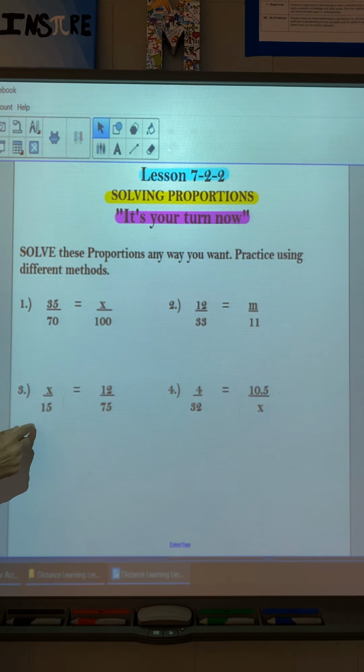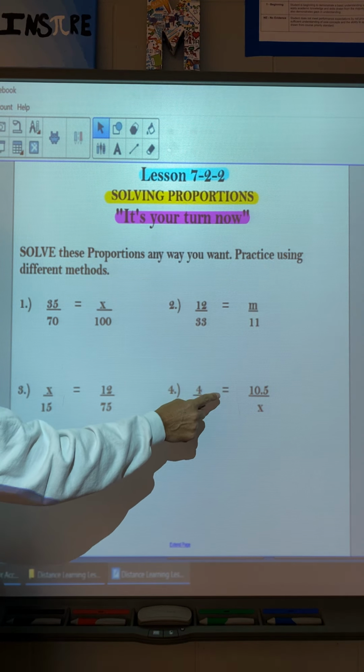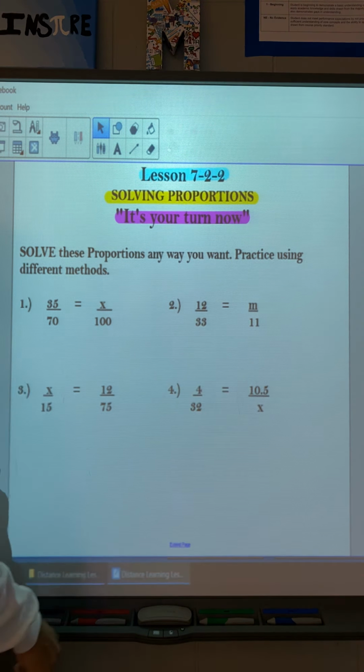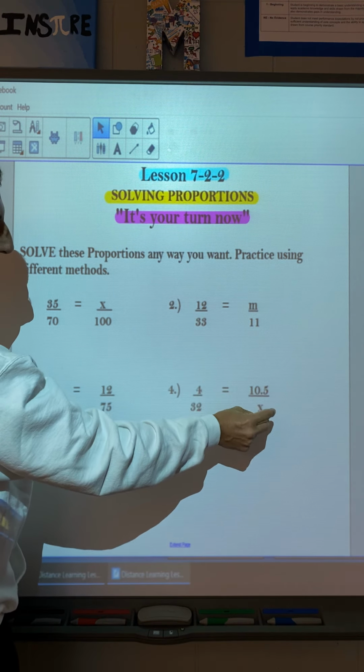The third one, x over 15 equals 12 over 75. And then the last one, 4 over 32 equals 10.5 over x.